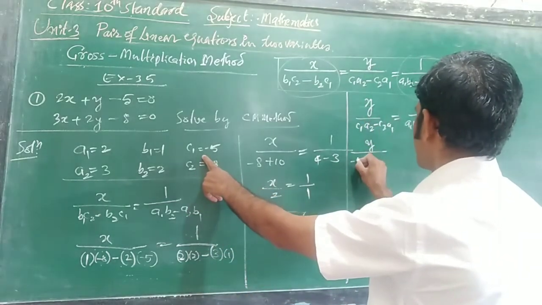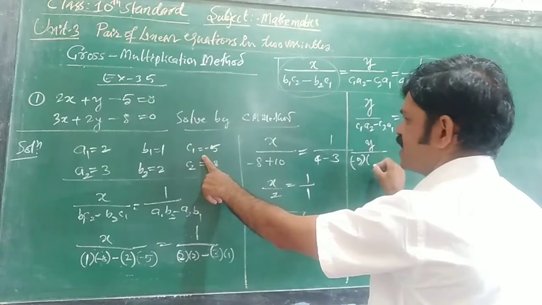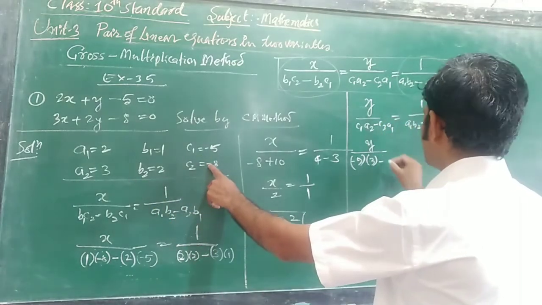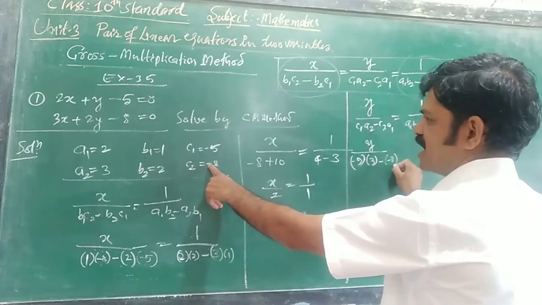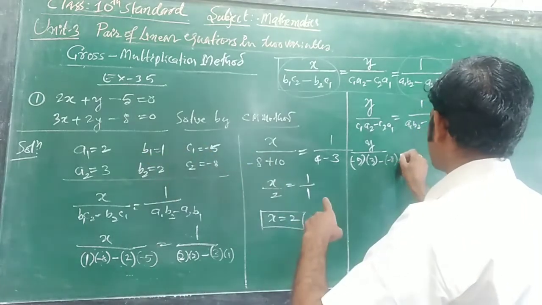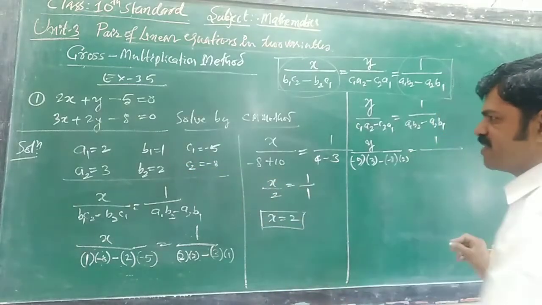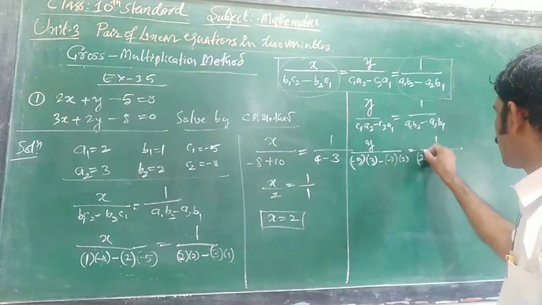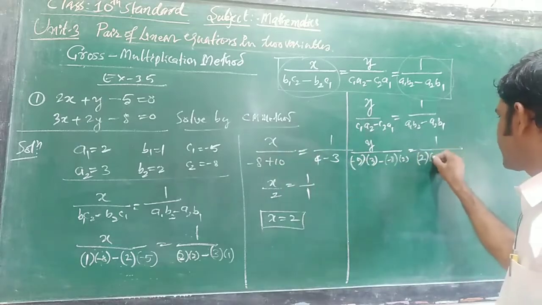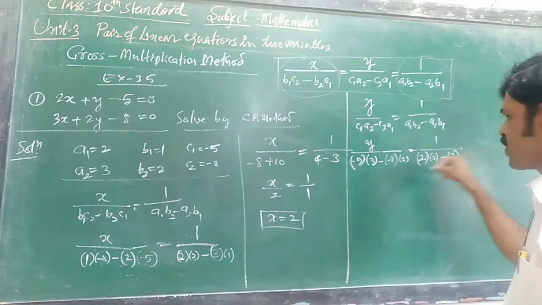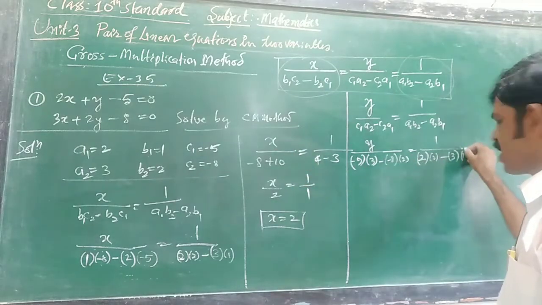Minus 5. What is a2? 3. Minus, what is c2? Minus 8. And what is a1? That is 2. Equal to 1 divided by a1, that is 2, b2, again 2, minus a2, that is 3, b1, that is 1.